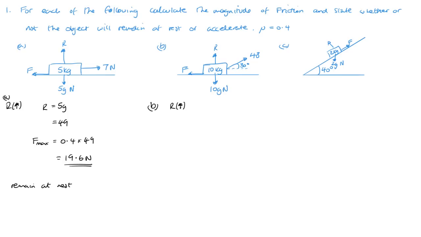So resolving vertically, we get R equals 10G, which is 10 times 9.8, or 98 newtons. F max is 0.4 times that 98, which is 39.2 newtons.